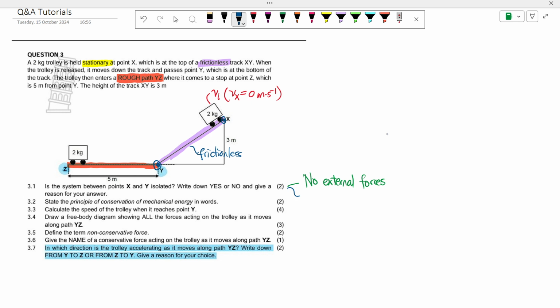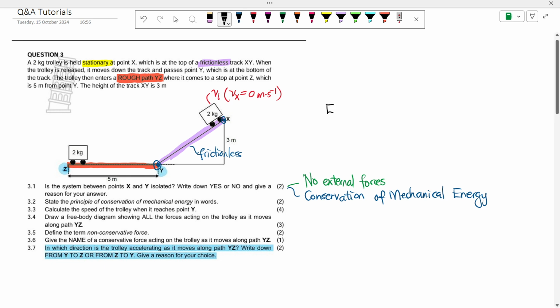So remember, guys, if you don't have any external forces, that is what should pop into your head: the conservation of mechanical energy. Anytime they say there's no friction, or you don't see any applied force on the object, that's what you should use. I'm sure it's given in the formula sheet as well.